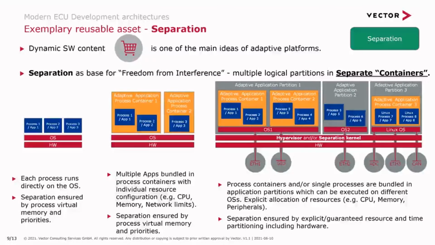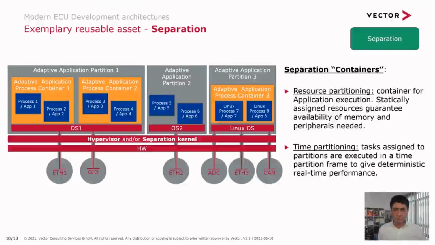Additional here is that we have explicit allocation of resources such as CPU and memory, but also hardware like peripherals, vehicle bus communications, IOs, and the separation here is realized really by this explicit and guaranteed resources and time partitioning, including hardware. In summary, key here are the resource domain partitioning and time domain partitioning.